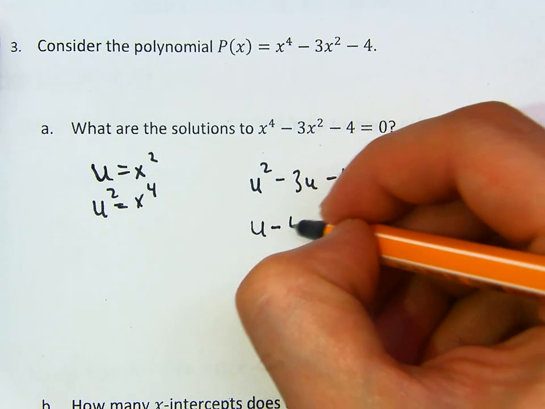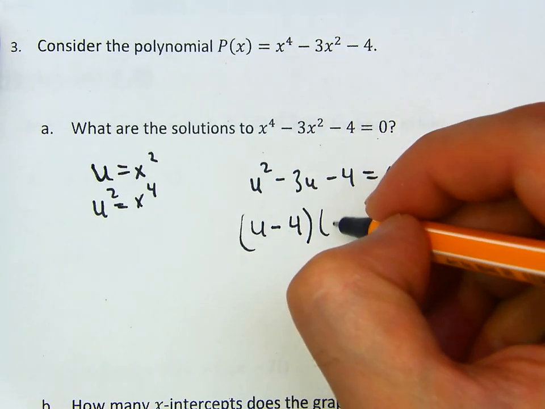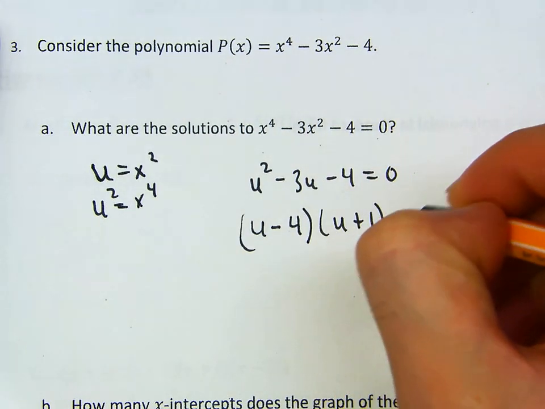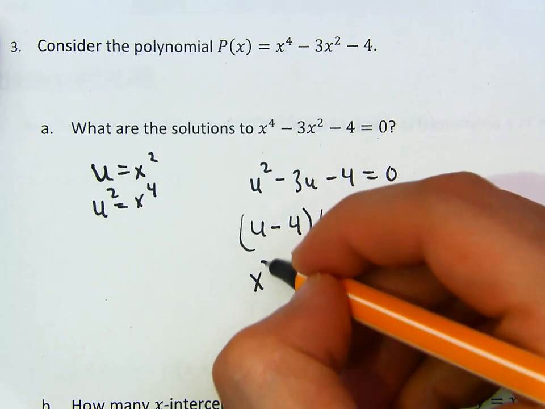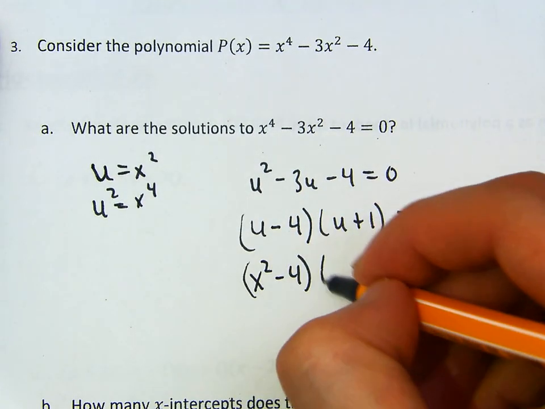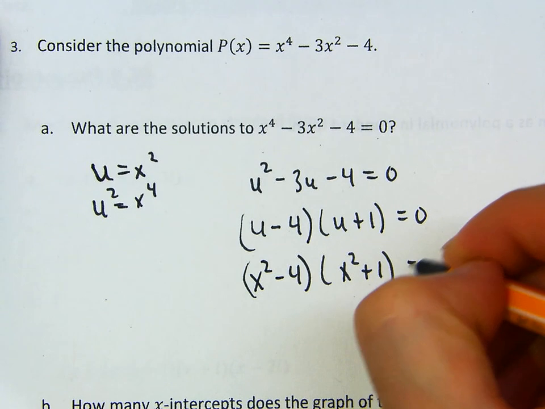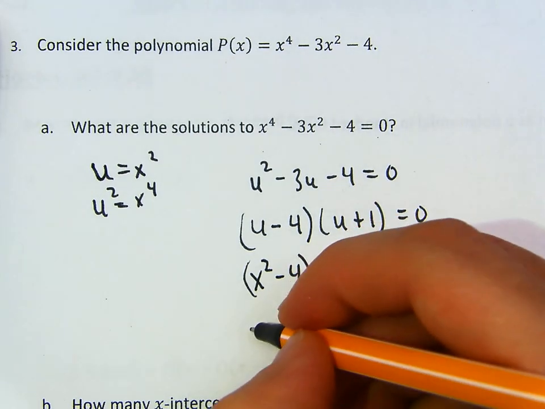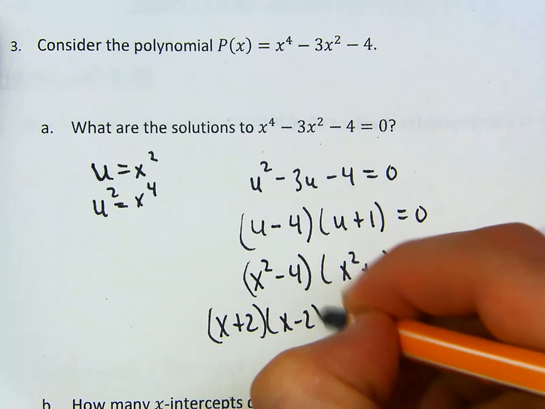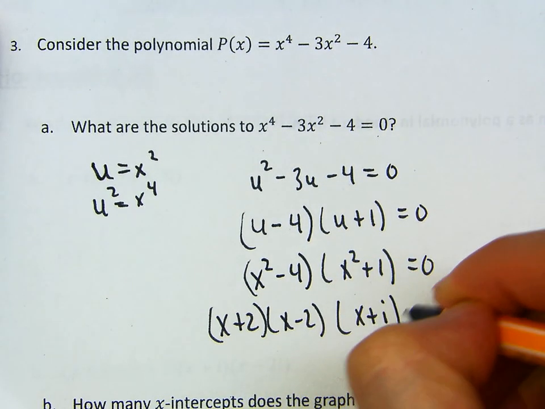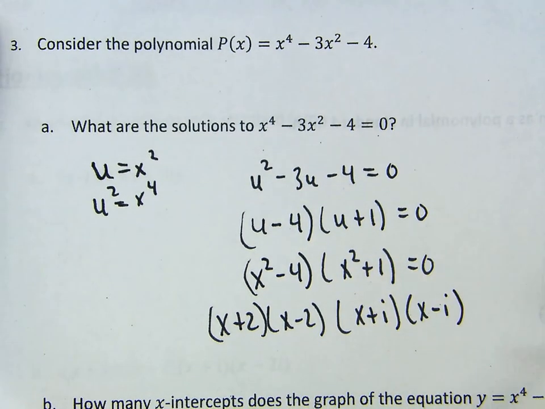It's u minus 4, u plus 1 equals 0. Then this u is the same as x squared, so you have x squared minus 4, x squared plus 1. Now how does this factor? x plus 2, x minus 2, x plus i, x minus i equals 0.